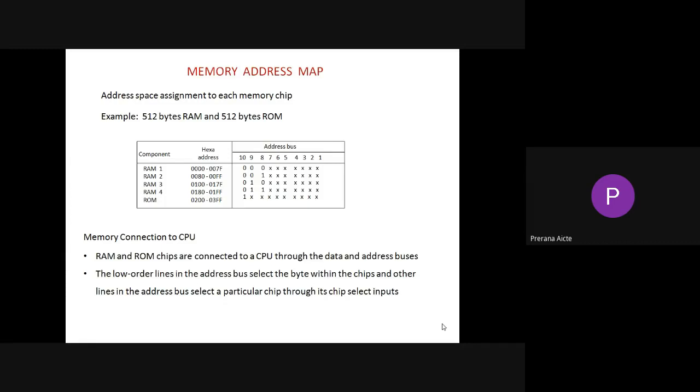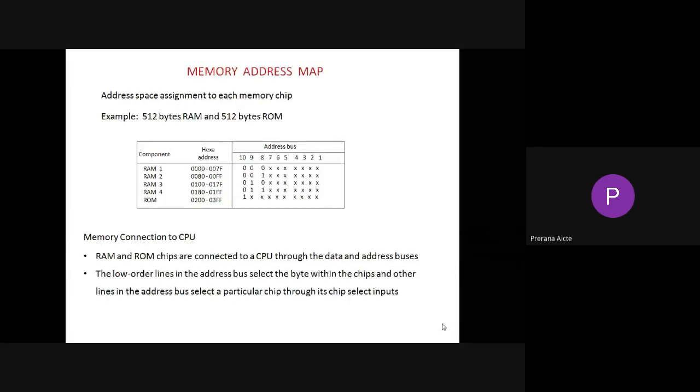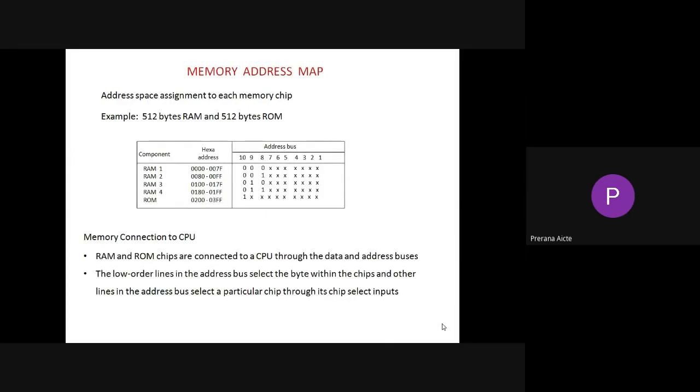The RAMs are selected when the bit in this line is 0 and the ROM when the bit is 1. The other chip select in the ROM is connected to the read control line, for the ROM chip to be enabled only during the read operation. Okay, this is about the memory address map.